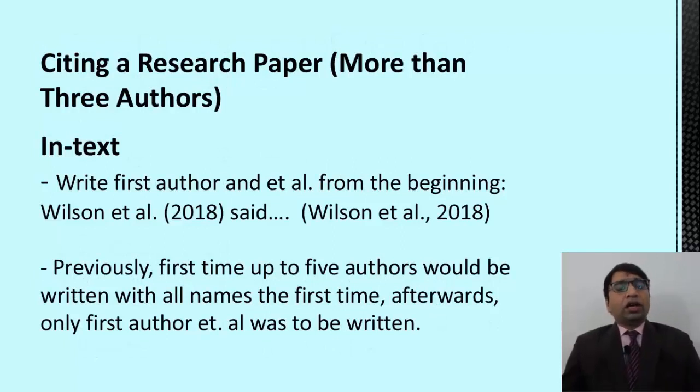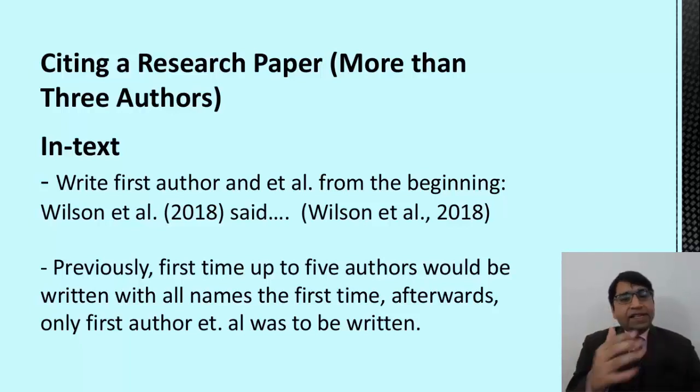Okay, now, if there is a research paper in which you have got more than 3 authors, what are we going to do with that? Now, previously what would happen, APA has updated its manual, it has updated its writing style in the 7th edition.